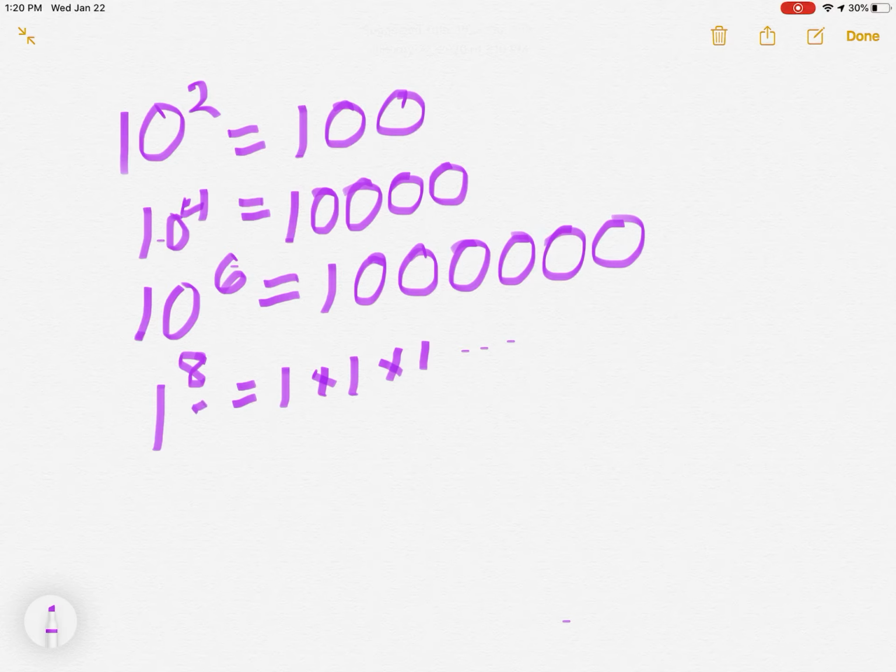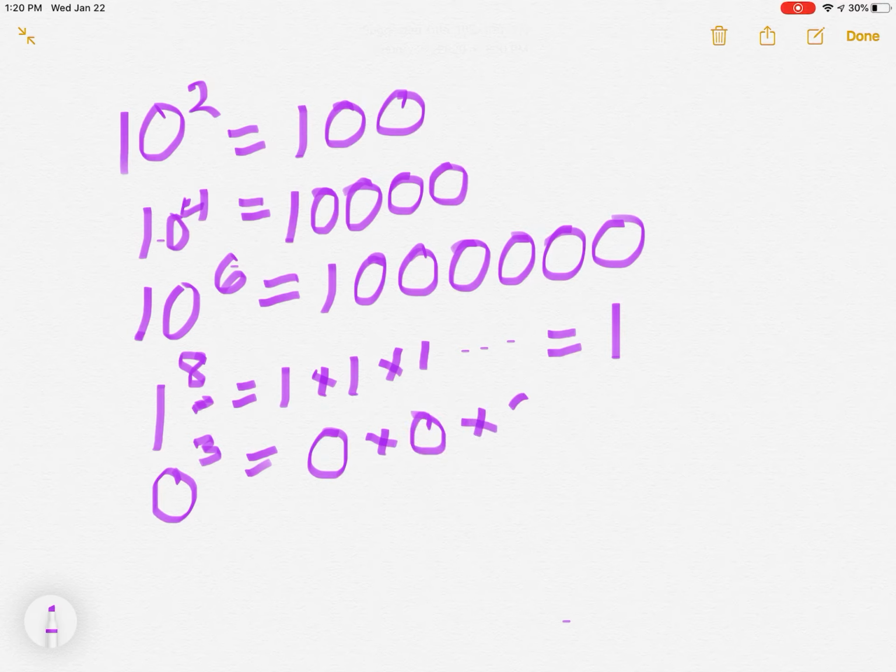So it doesn't matter how many times you multiply 1, the answer is always going to be 1. So that's good to know. And on zeros, doesn't matter how many times you multiply 0, 0 times 0 times 0, your answer is always going to be 0. Okay? So that's a couple of those.